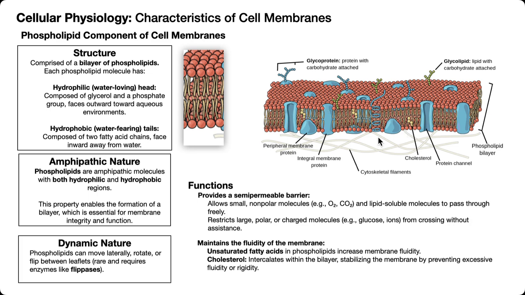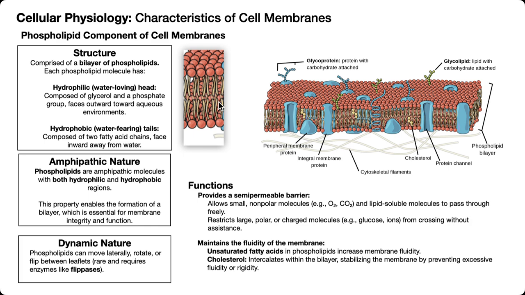Now the function of this phospholipid bilayer, which is what we're looking at here, two layers, we call it a bilayer, is that it provides what we call a semi-permeable barrier. When we say semi-permeable, that means that some substances are able to go in and out, and other substances are restricted.